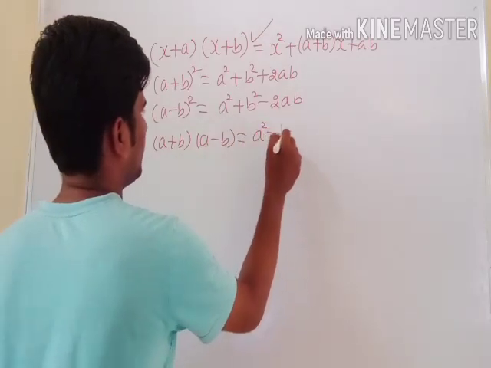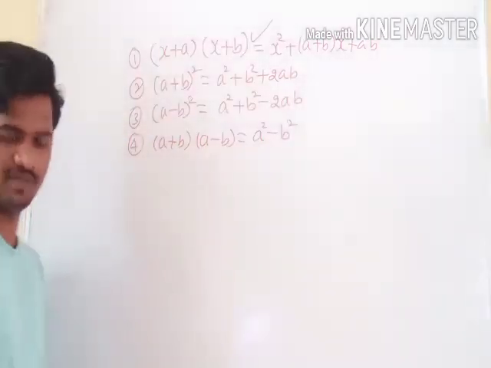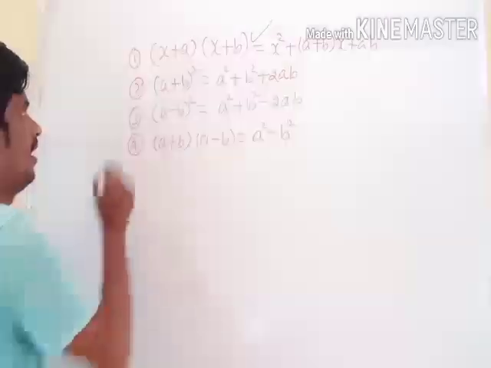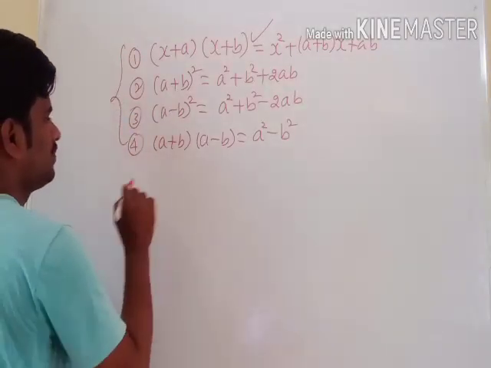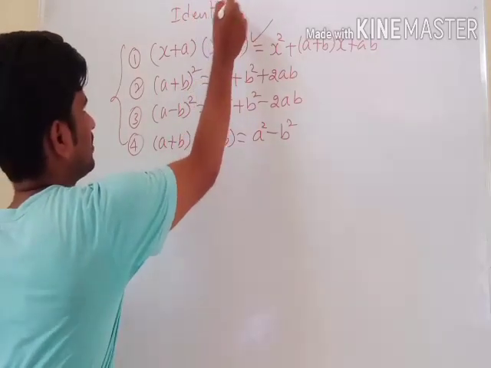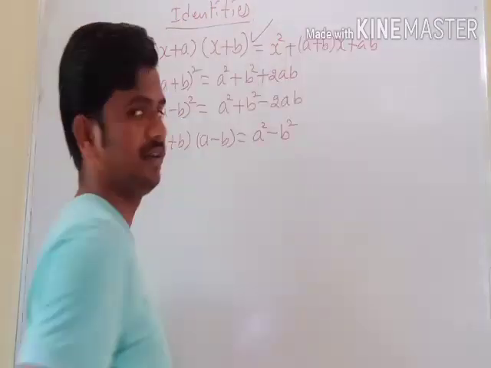That we can write as a^2 minus b^2. Okay, these are the special products, and we call all of these identities.